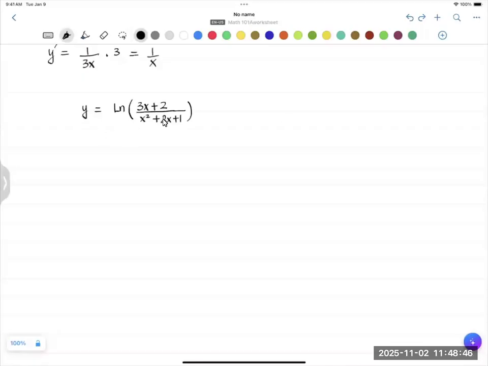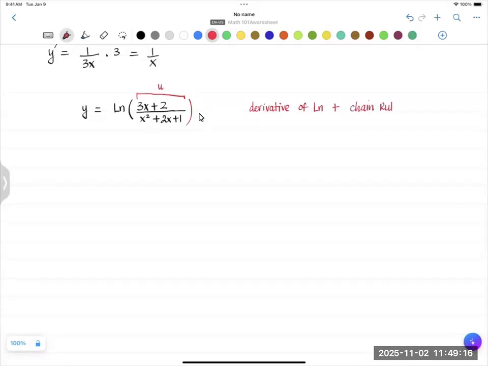Let's do a slightly more complicated one. If I have y equals ln of (3x over 2) over (x squared over 2x), what is my u? My u in this case is the one that is a quotient. So in this problem you will use the chain rule and then the quotient rule.